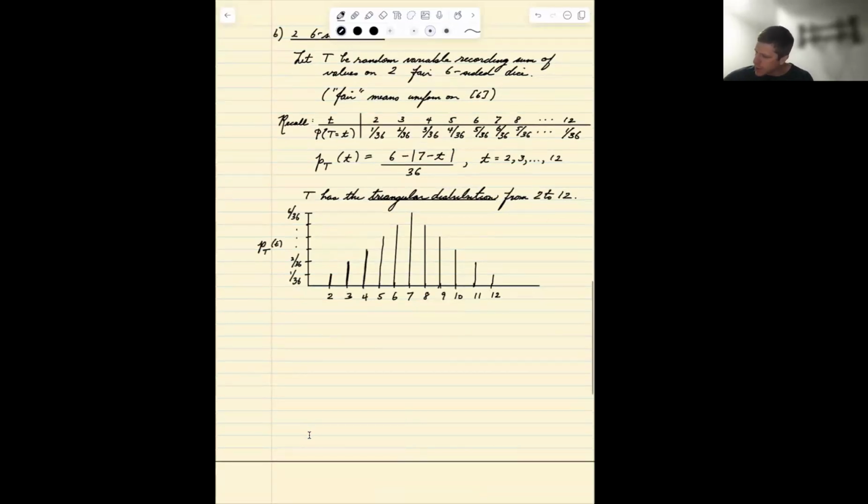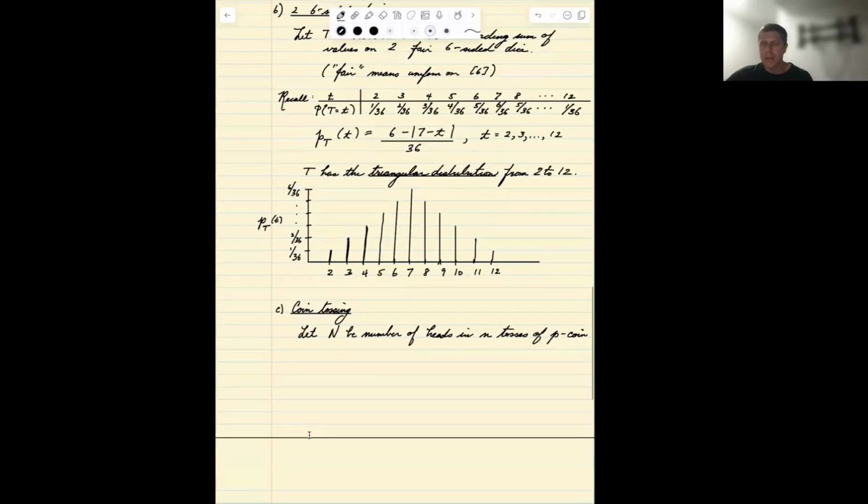Okay, let's consider another case, one we're familiar with, coin tossing. What we're going to think about is tossing a coin little n times. So let's let capital N be the number of heads that occur in little n tosses of a p coin. So we're counting; N is the random variable.